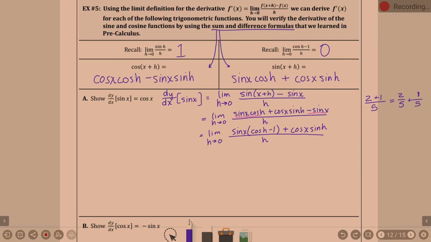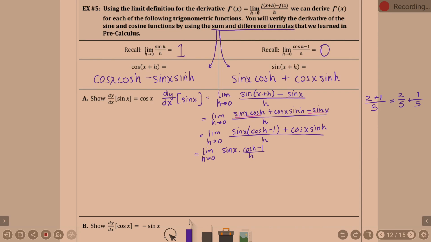That's the idea that I'm going to do here, is I'm going to take this and split this into two limits. So we're going to have the limit as h approaches 0, and my first one is going to be the sine x times the cosine h minus 1 over h.